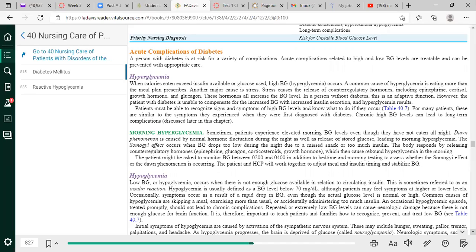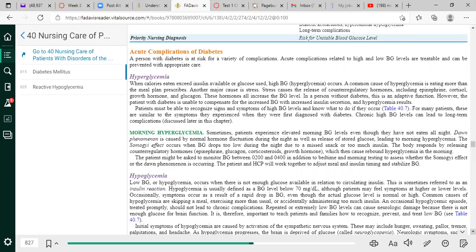The body responds by releasing counter-regulatory hormones: epinephrine, glucagon, corticosteroids, growth hormones, which then cause rebound hyperglycemia in the morning. So you see, epinephrine is produced in our body, glucagon, corticosteroid, growth hormones.